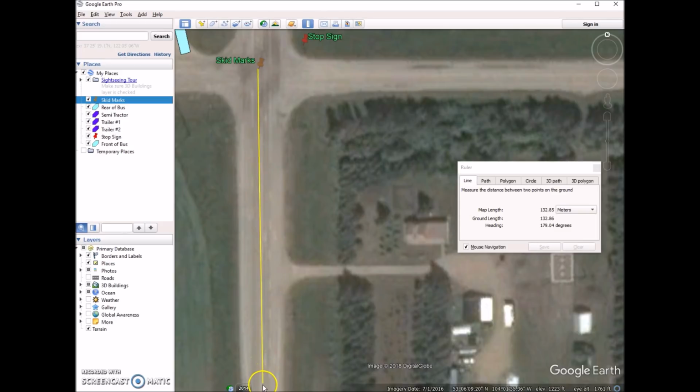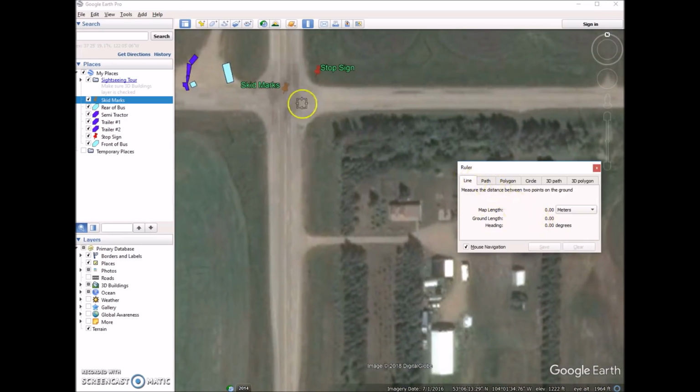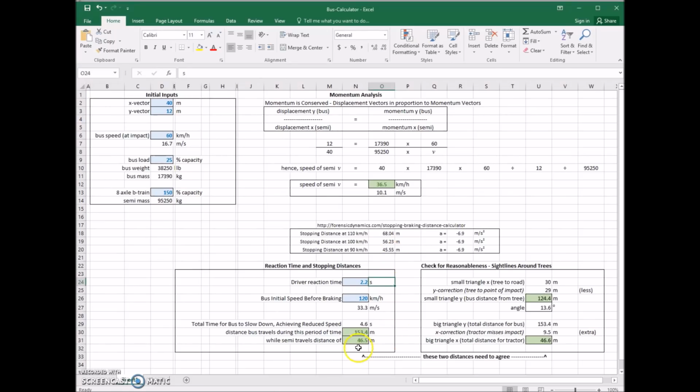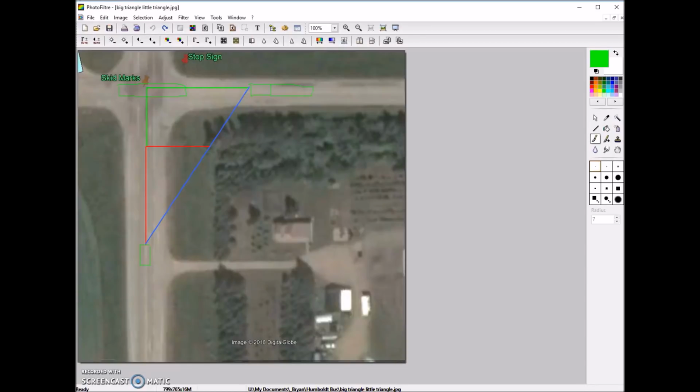Oh, it's way off the screen. 153 meters, down to like the middle of this shed here. 153 meters. And the truck is going 46.5.